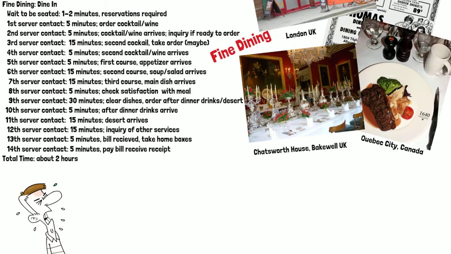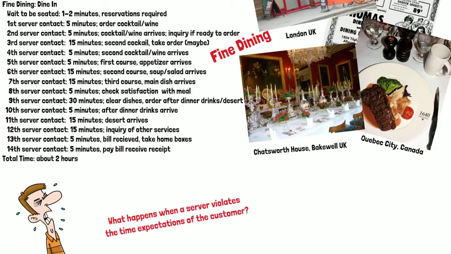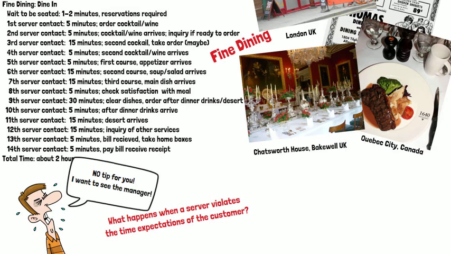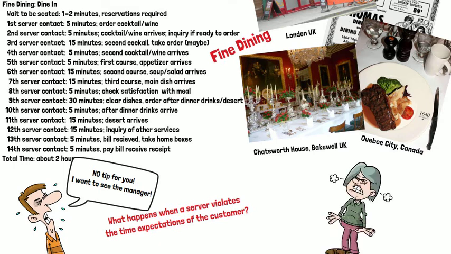Most diners will become irritated or even angry when time expectations are not met. We might also see that people will reduce the amount of tip that is left a server if time expectations are not met.